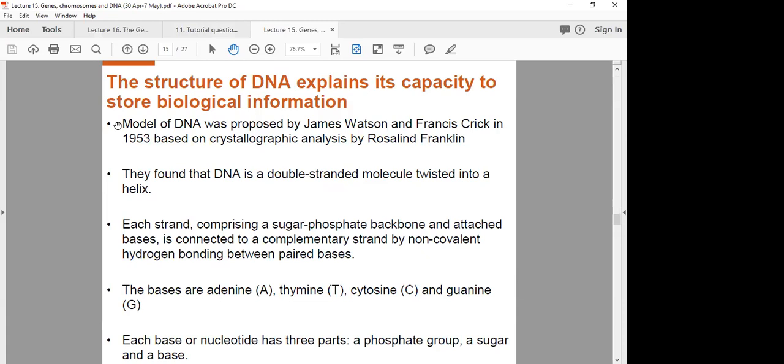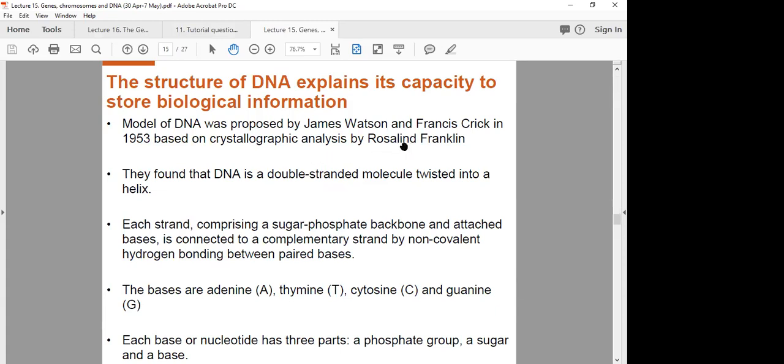And what happened, there's a bit of a story behind this, which I won't go into, but essentially everyone was using an experiment called crystallography. But they couldn't get it to work properly, and that's because they were using the DNA in a dry form.